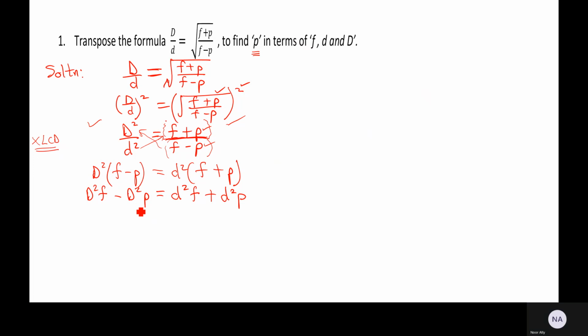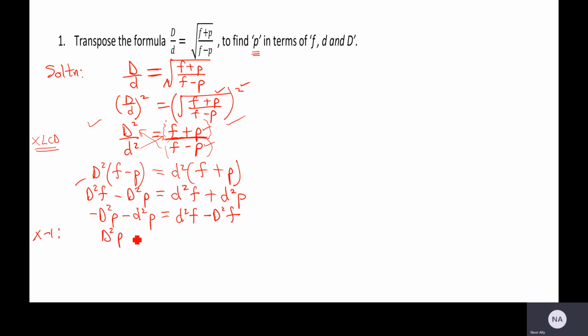So let's do this. There's minus small d squared P. Transpose the small d squared P. That means D squared F must be transposed. And to make that positive, I'm going to multiply by minus 1.